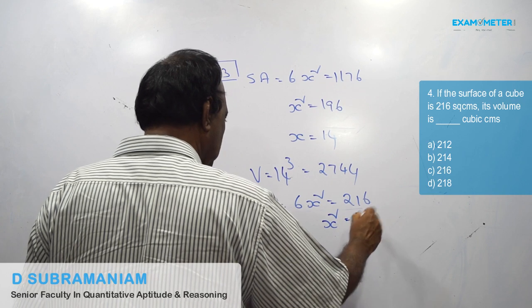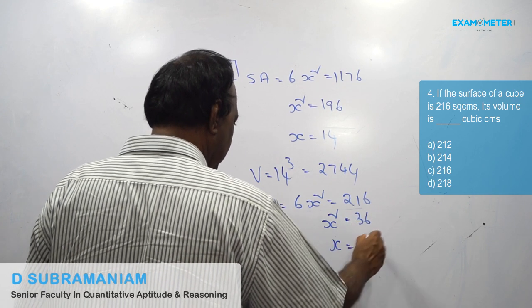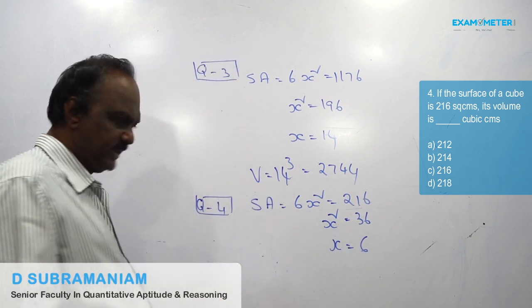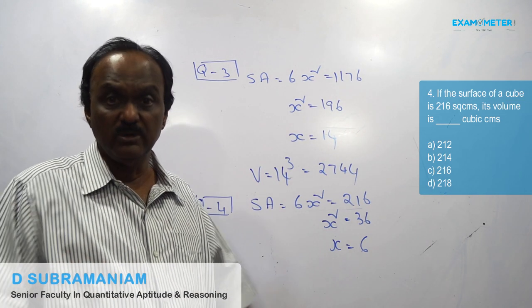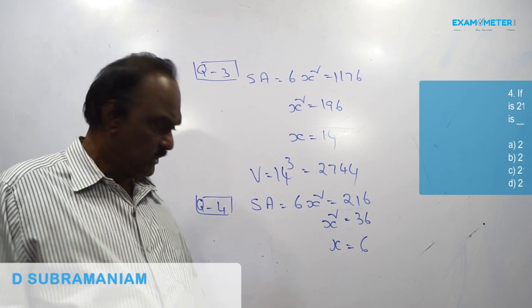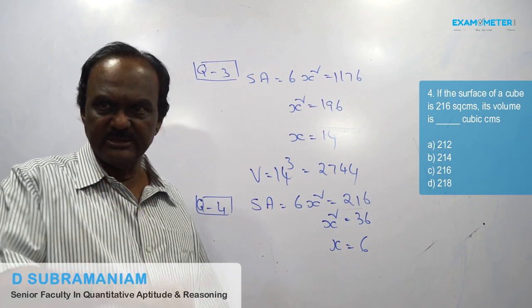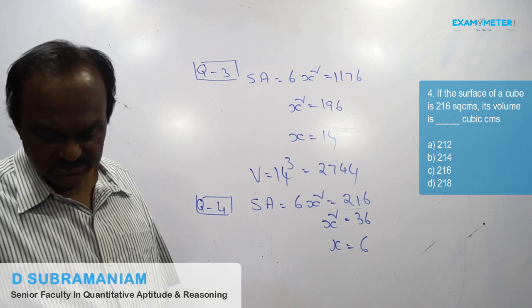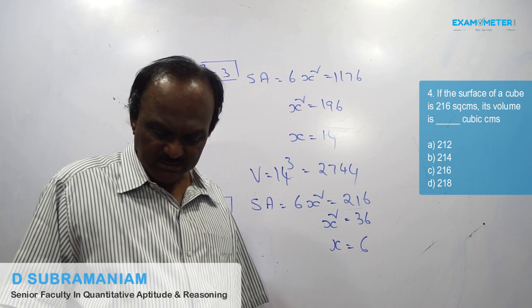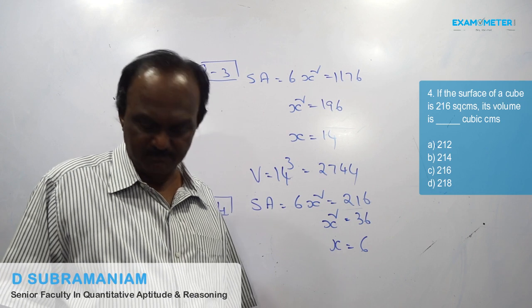X square is equal to 36. Therefore, x is equal to 6. Therefore, volume is 6 cube, that is 6 into 6 into 6, 216 cubic centimeters. So answer is 216, multiple choice B.